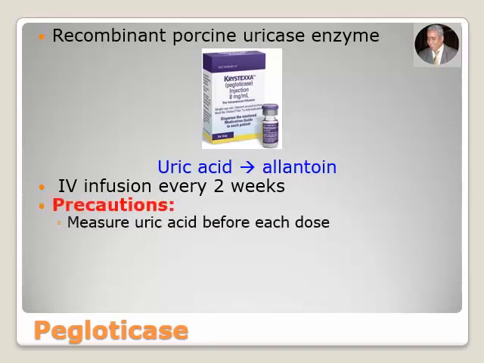First, measure the uric acid level before each administration, to judge efficacy. If uric acid is normalized, do not give the next dose. Second, other drugs that combat hyperuricemia should be withheld, so as not to give a false impression that the drug is effective.